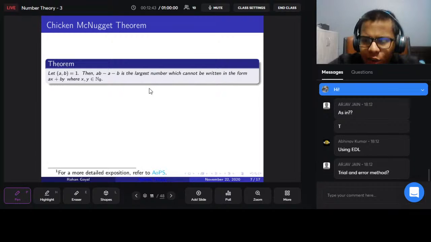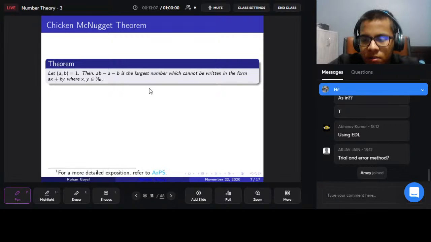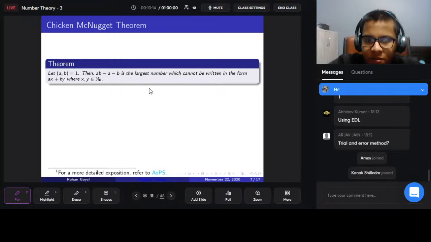Trial and error for all A and B? There are infinite values of A and B. That doesn't seem like a technique you can use for a general thing. Trial and error works for concrete values, not for abstract structures like this, at least in such problems.